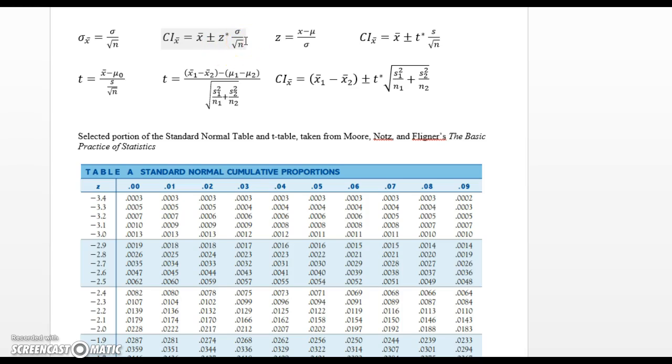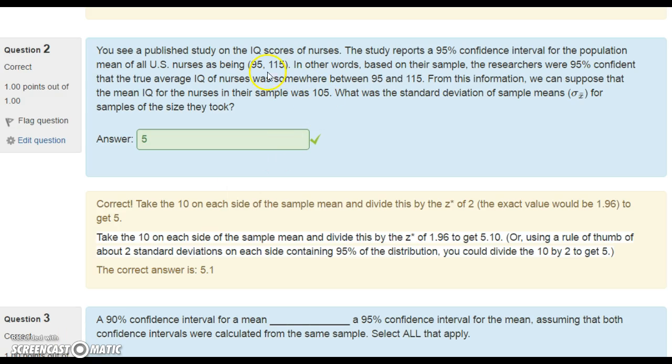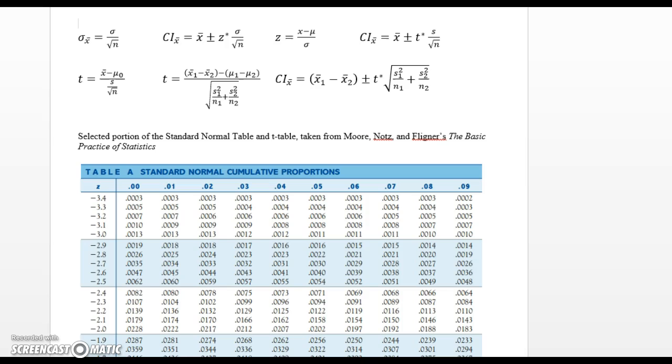How do we know that? Because the confidence interval that they gave us was 95 and 115. If 105 is right in the middle there, we're going plus or minus 10 units from this 105. So what we do is set this part right here equal to 10, and we need just this part.